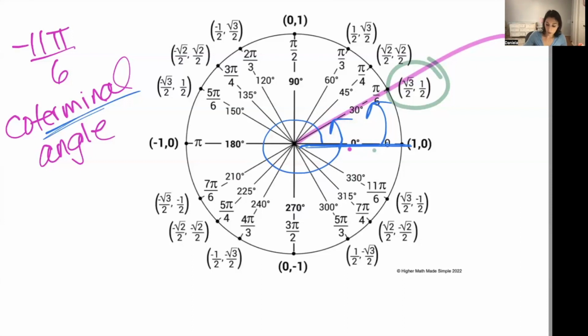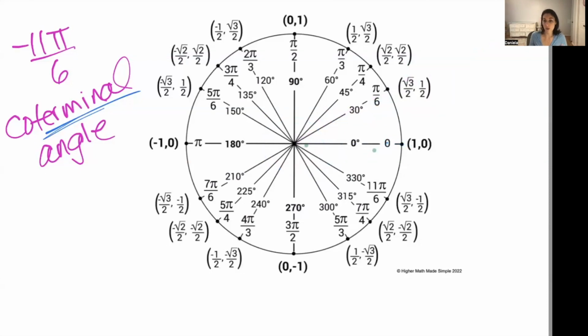So how do we know whether we're going to add 360 degrees or subtract 360 degrees? You would just play around with it until you get an angle that is on the unit circle. As you do this more and more, you might get better intuition on whether to add or subtract. Given we're given a radian measurement here, instead of 360 degrees, that is equivalent to 2 pi radians.